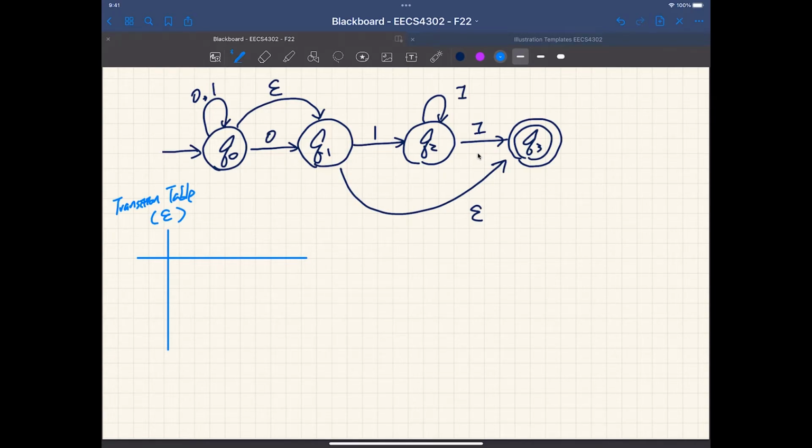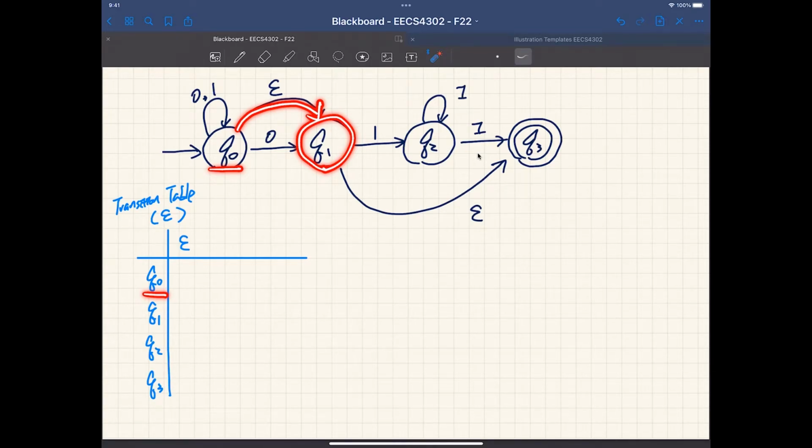All right, so we got different states: Q0, Q1, Q2, Q3. Very straightforward. Let me just talk about epsilon, for example. If I try to go by epsilon from Q0, the only state I can end up with is Q1. So this has nothing to do with epsilon closure, not yet, just about transition.